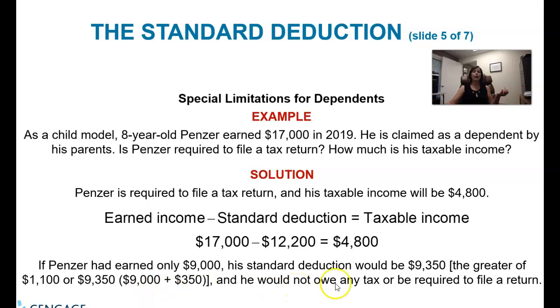And so Penzer's standard deduction at this point would be 9,350. Because his standard deduction exceeds his hypothetical earnings here of 9,000, he doesn't owe any tax, nor is he required to file a return.